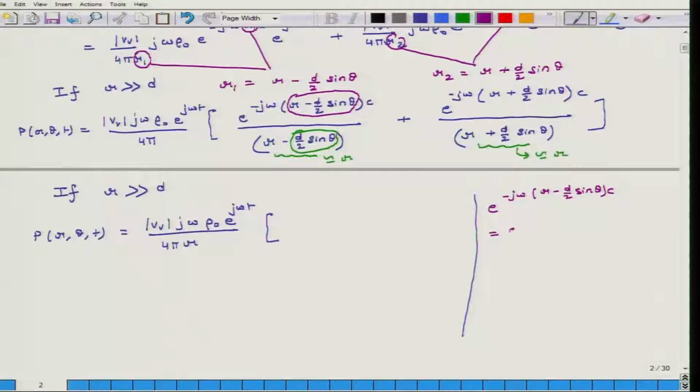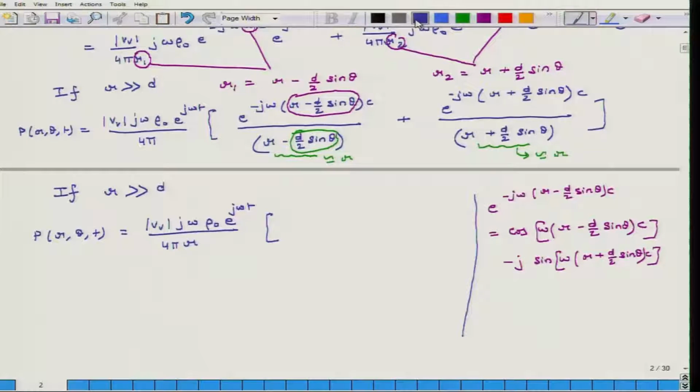It is cosine of omega (r minus d over 2 sin theta) by c minus j sin of omega (r plus d over 2 sin theta) by c.